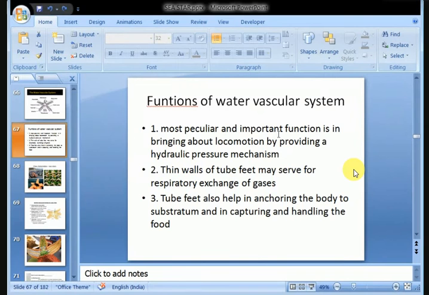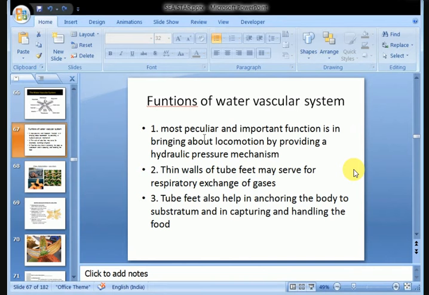Since tube feet are an important part of the water vascular system, they work in response to the flow of water, contraction of muscles and sucker action of the tube feet. So they ultimately help in anchoring to the substratum and in capturing and handling the food.